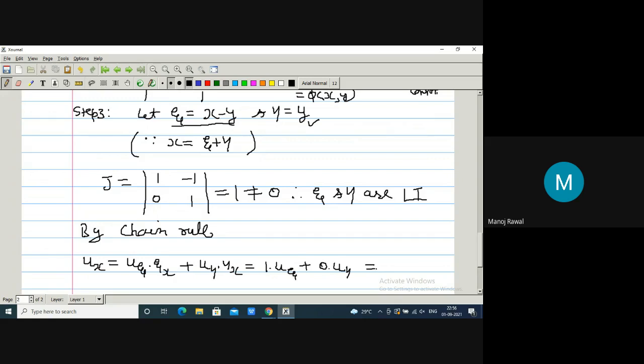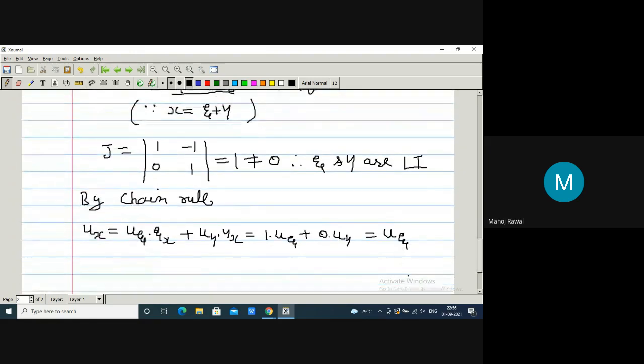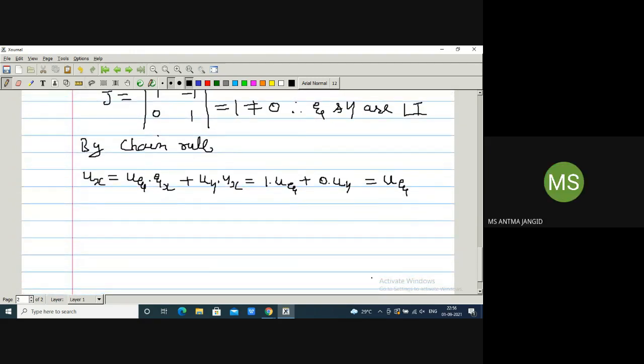And this is nothing but u xi. Do you agree or not, students? Yes, sir. Right. And similarly, let's calculate uy, and uy will be what?